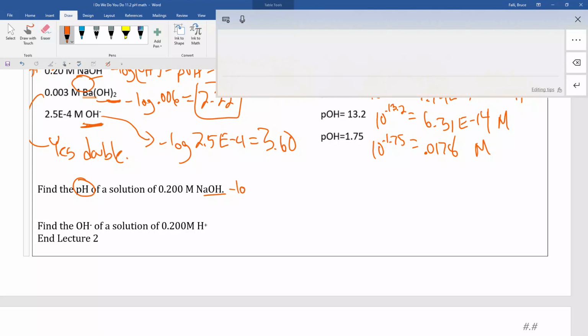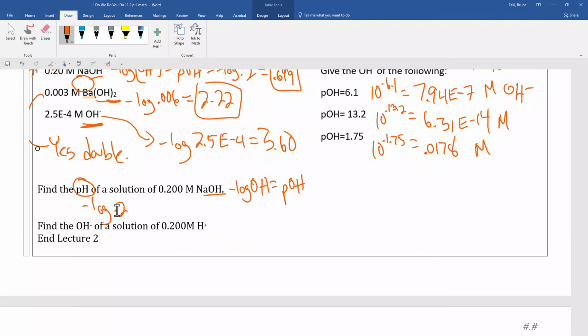Find the pH of a base. If I negative log OH negative, I don't get pH. If I negative log OH negative, I get pOH. Oh, but it asks for pH. So if I can't immediately get it, I'll show you the next equation I'm going to use in a second. So let's find this. Negative log of 0.2 is 0.699 equals pOH.